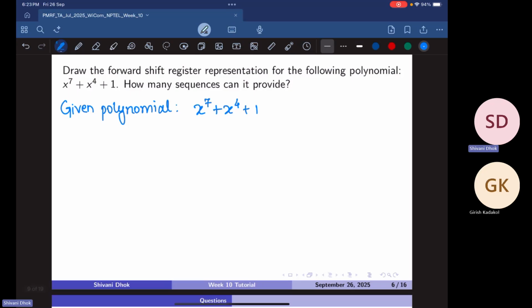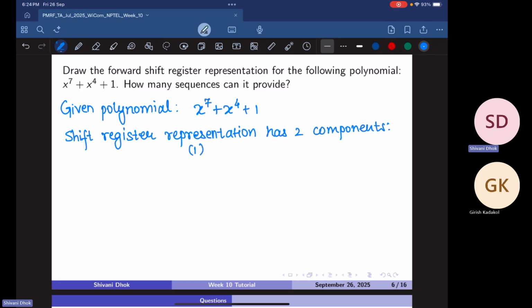So now we need to get the linear shift register representation for this, and this shift register representation has two components. The first one is your D flip-flop.